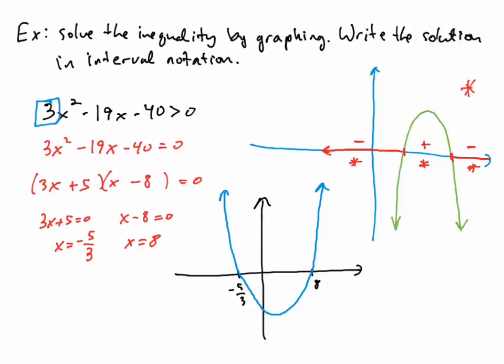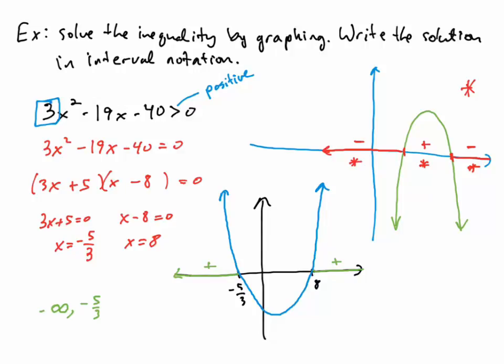Now, because the inequality says greater than 0, that's another way of saying positive. So we want to know, where is this quadratic positive? Well, this quadratic is going to be positive in this interval over here. It's positive there because that's where the graph is above the x-axis, and we're positive over here. So writing this in interval notation, we're going to say negative infinity up to negative 5/3.